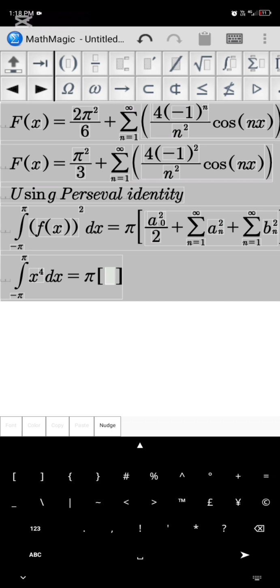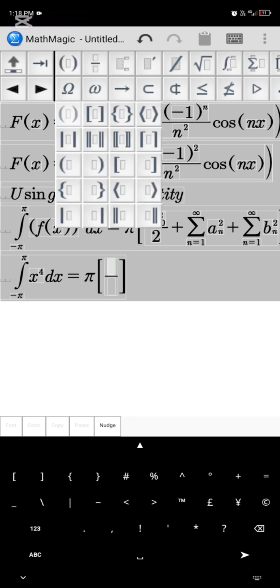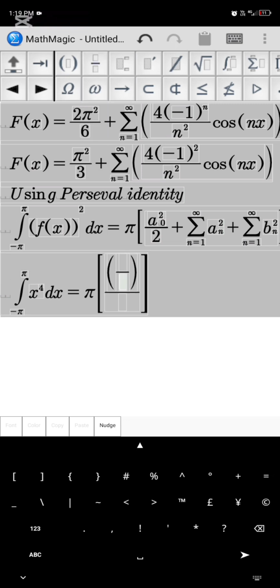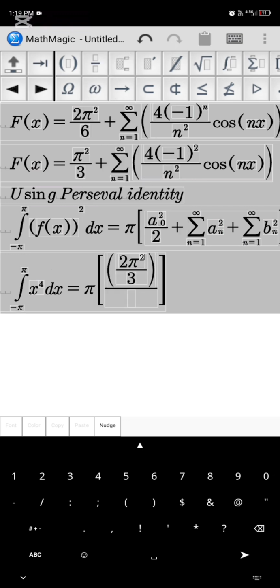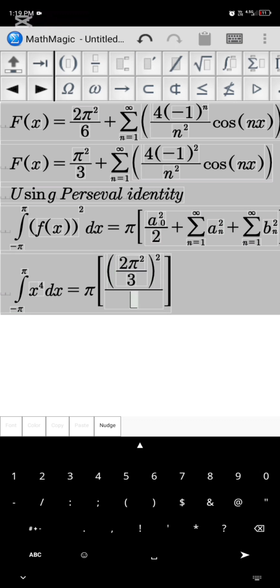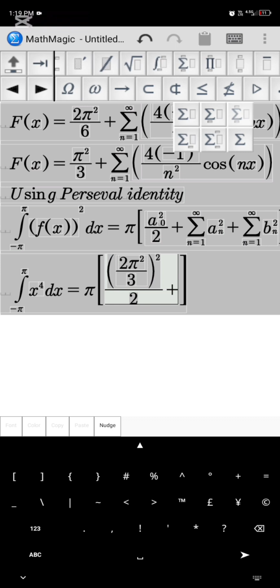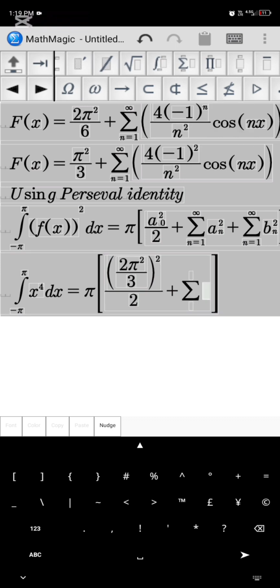So that will be 2 pi squared over 3, everything squared, don't forget, all over 2, plus the summation of an. Don't forget the value of an is 4 over n squared multiplied by minus 1 raised to the power of n.